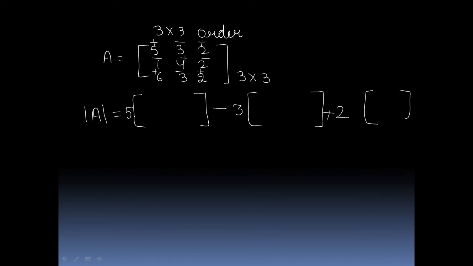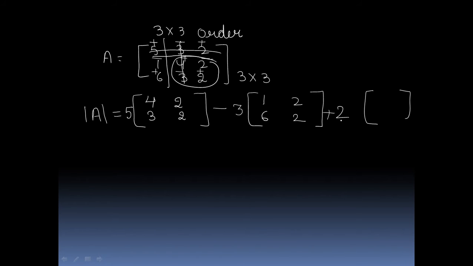When we take 5, the first row and first column are left out, and the remaining values should be taken: 4, 3, 2, 1. Now when we take minus 3, then we leave this row and this column. We get 1, 6, 2, 2.